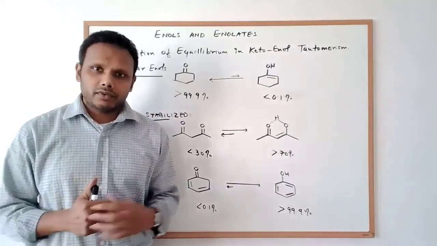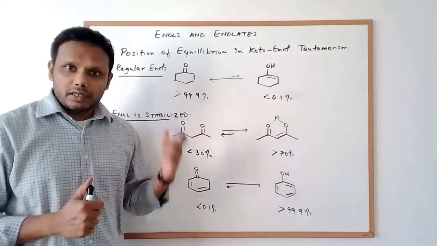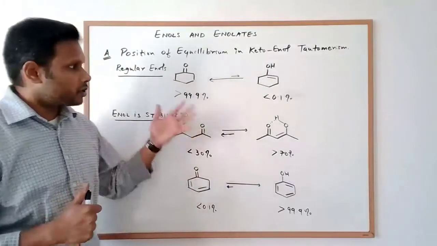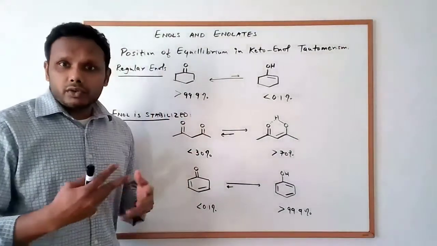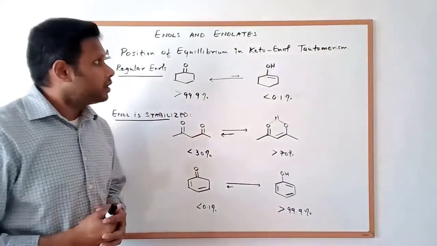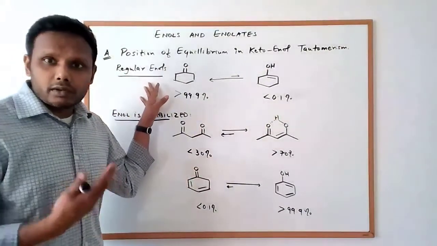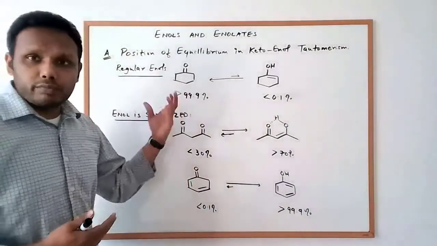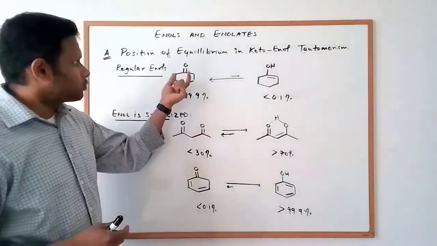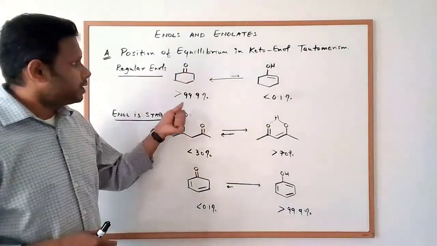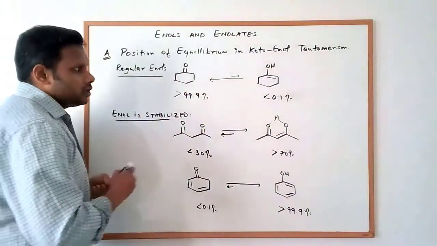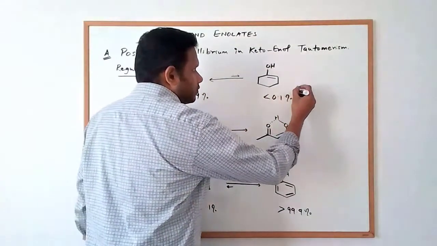Now, the position of equilibrium in a keto-enol tautomerism depends on the compound that we are considering, because there could be a wide variation. For most regular enols, these would be compounds that contain just one carbonyl group, with no other special features, it turns out the enol form is not the favored form.